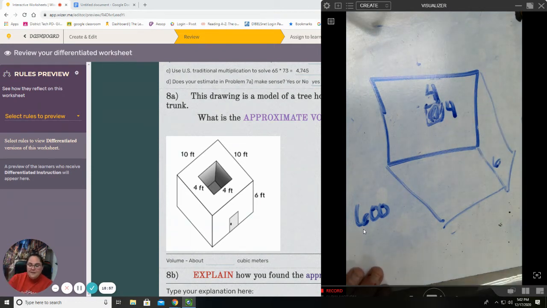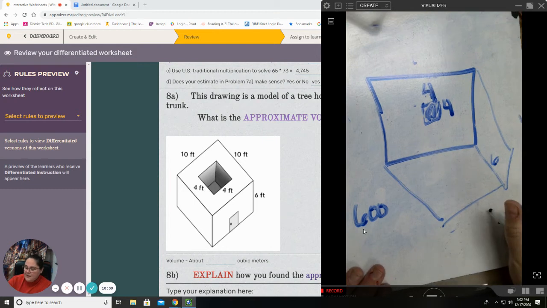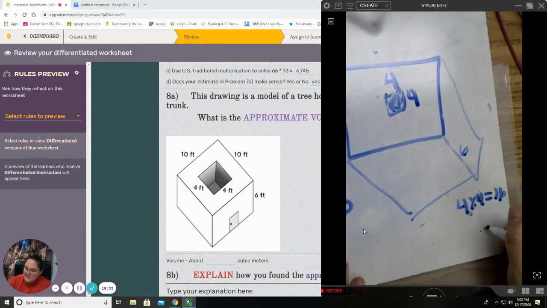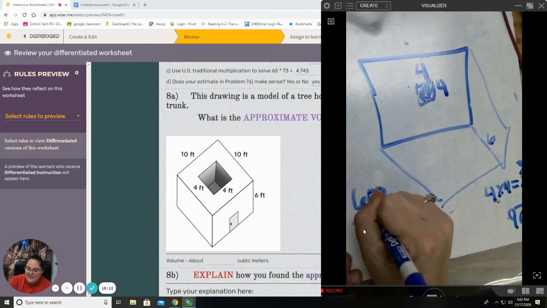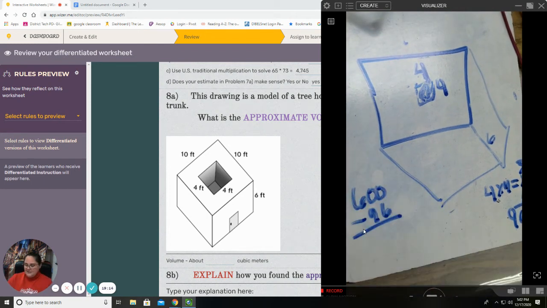It's a hole, right? So 4 by 4 by 6. 4 times 4 equals 16. 16 times 6 is 96. So we're going to do 600 minus 96.